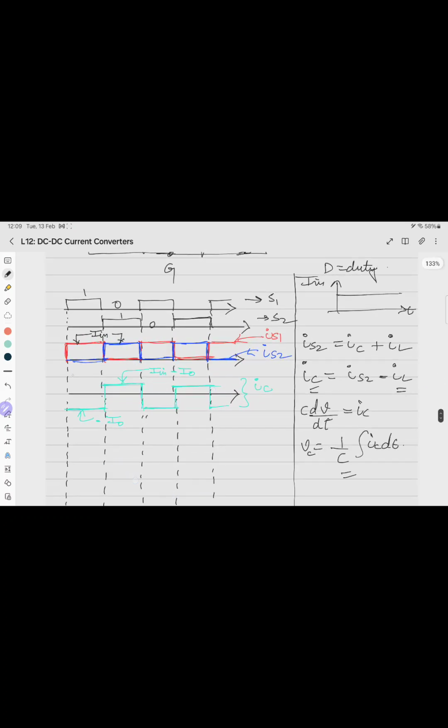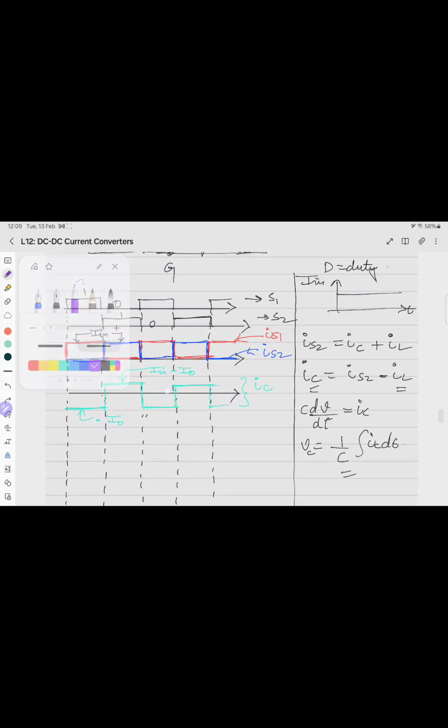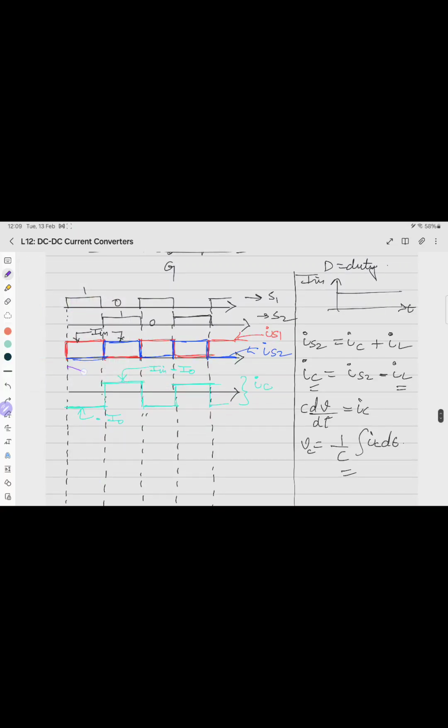The waveform of VL will be like this. It will be like this. This waveform belongs to VC.